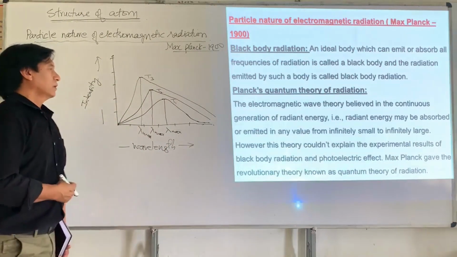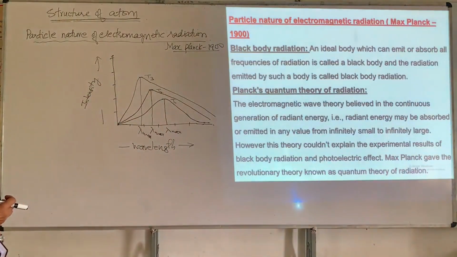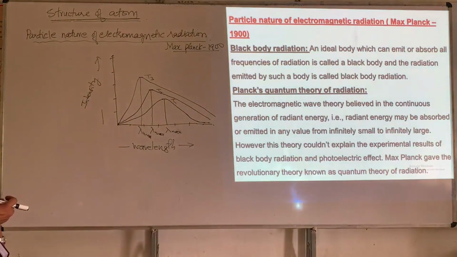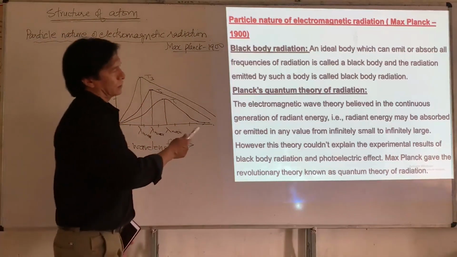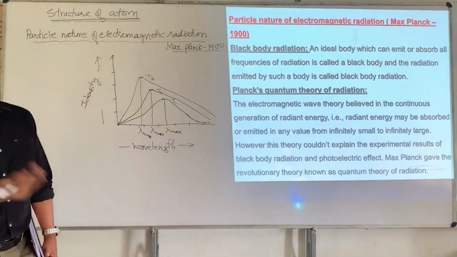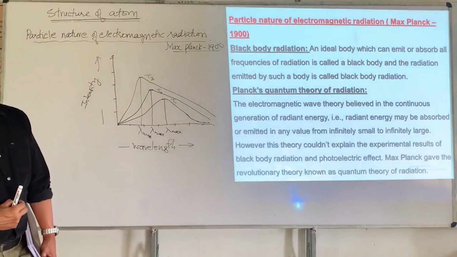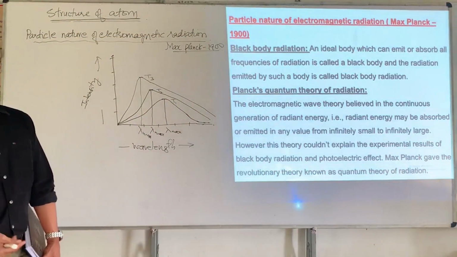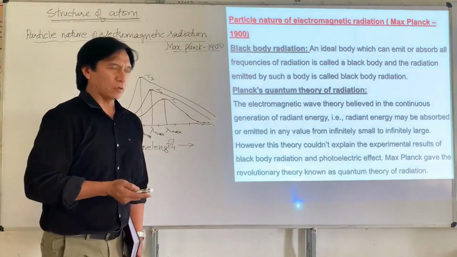So in Planck's quantum theory of radiation, it is said that radiant energy is not given out continuously but discontinuously in discrete quantities. So this is what you're going to see now.